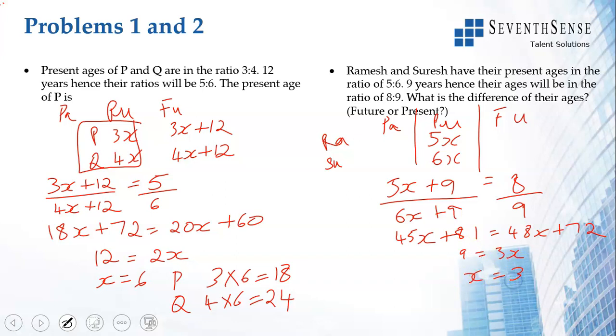The difference of the ages: Ramesh's age in the present is 5x, which is equal to 15. Suresh is 6x, so 6 into 3, 18. Hence the difference of their ages will be 3 years.